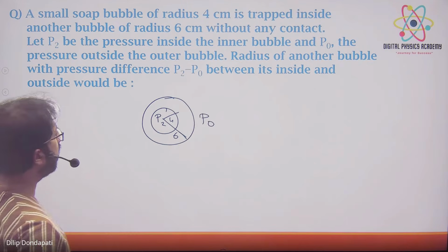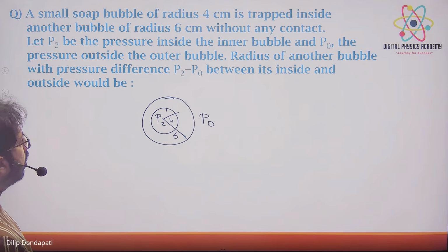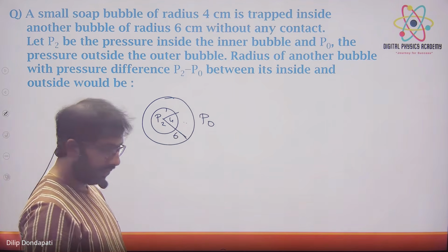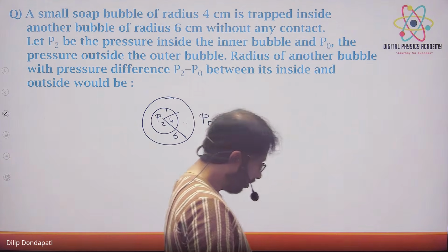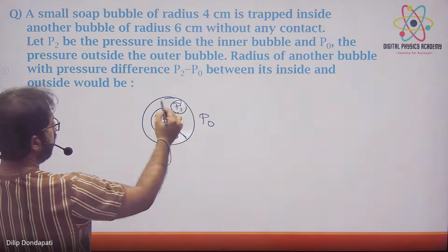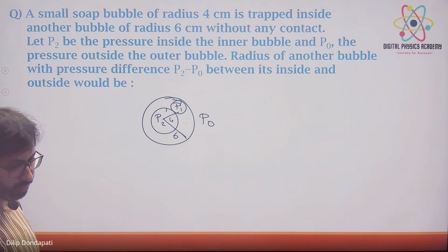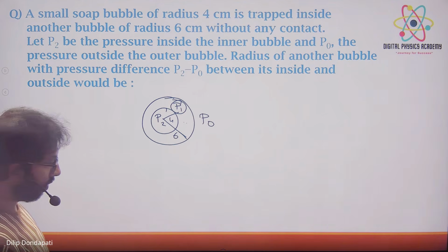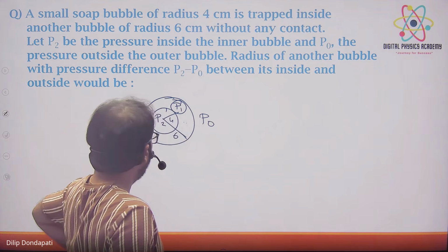The radius of another bubble with pressure P2 minus P0 between the inside and outside would be? इसका बीच का प्रेशर मान लो P1. Same way apply 2 equations and solve.